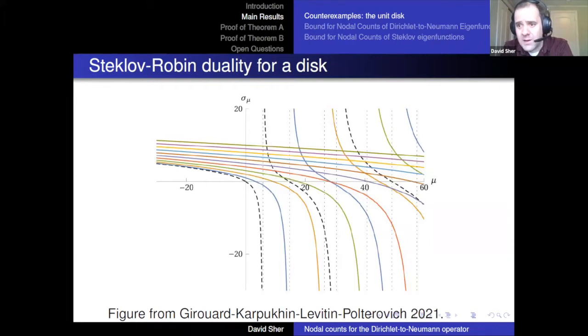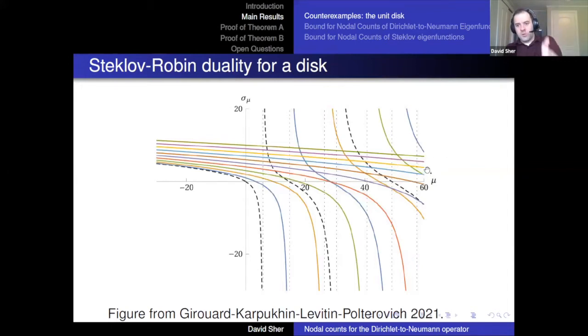If you go to the right, your Robin parameter is increasing. If you go up, your Steklov parameter is increasing. And so what that means is if you take a horizontal slice of this, that's fixing sigma and giving you a Robin problem. The intersections of a horizontal line with these curves are the Robin eigenvalues of a problem with fixed sigma.